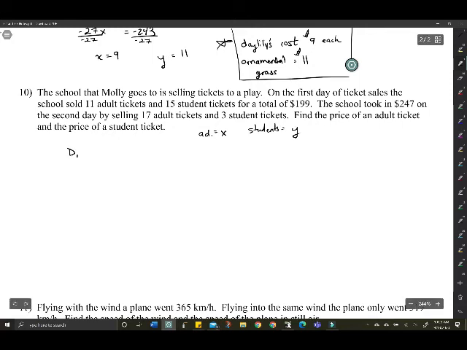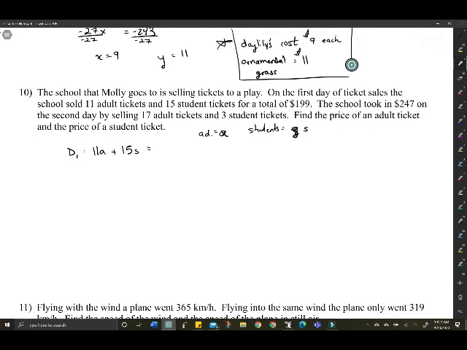So we have day 1: 11 adults plus 15 students is equal to, you can use A and S even. You can use the variables that sound like the words. Okay? No rule against that. So adult be A, students be S. We'll do it that way.